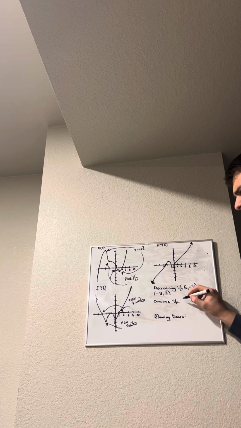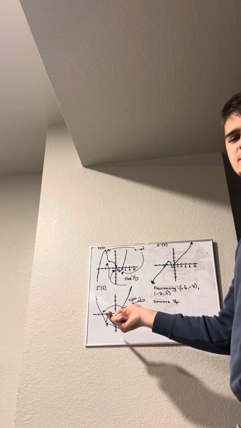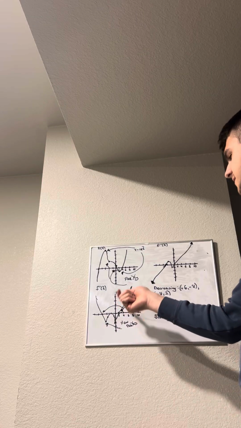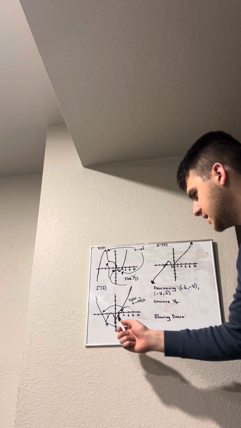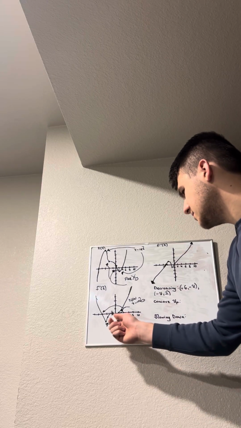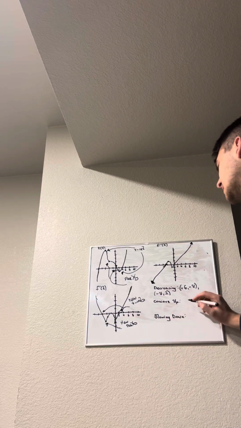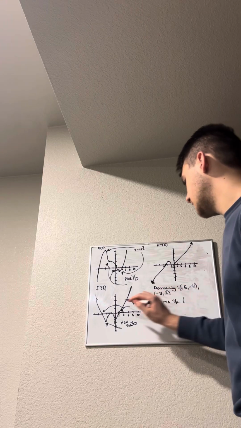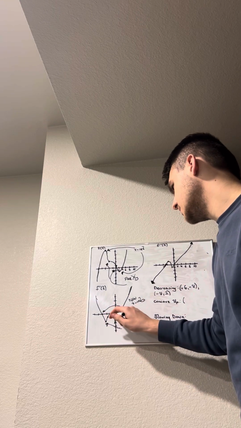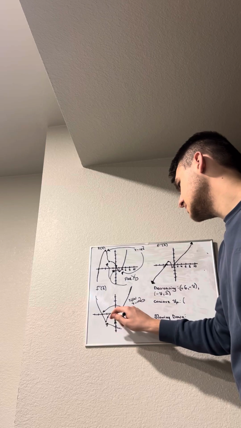And then for concave up, we can just simply look at the first derivative, or the prime of f of t graph. And so for concave up, we can see that it is concave up right over here. So we can say from -4 to -2 right here, it's concave up, give or take.